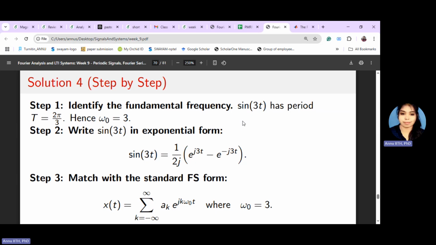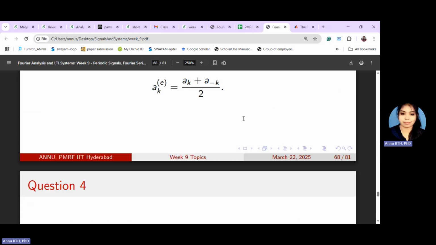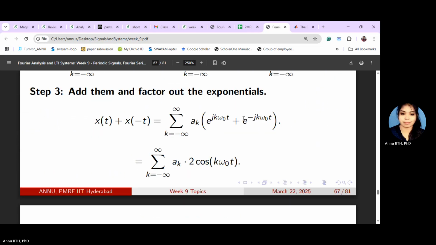So writing sine 3t in exponential form, Euler form, and matching with the standard Fourier series coefficient form, you're getting A1 equals 1 upon 2j. So A of minus 1 equals 1 upon minus 2j. So it was the optional question. So options are given.